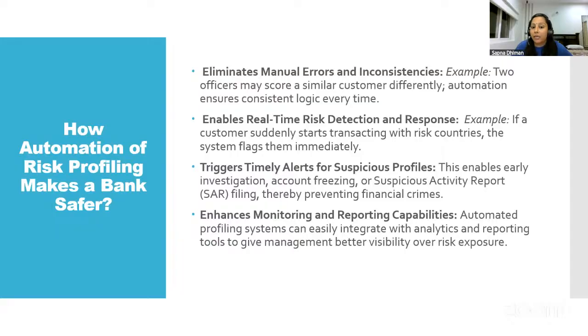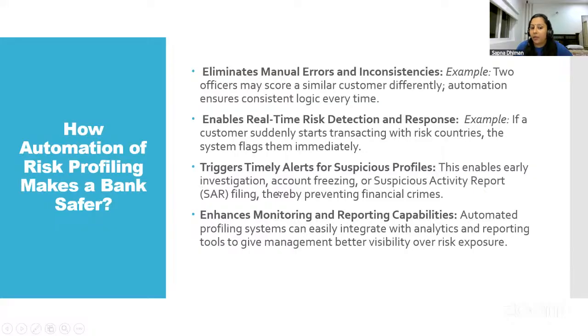Then it enables real-time risk detection and response. When we create it as automated, it means it is real-time. Whenever we open the account, it directly affects the banking records on a real-time basis. Then it triggers timely alerts for suspicious profiles.